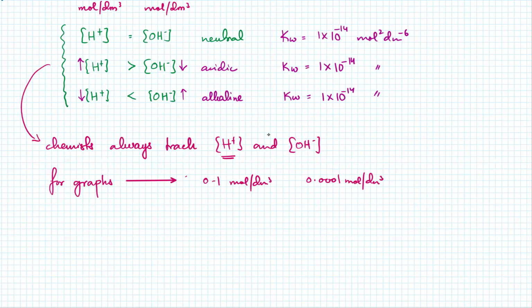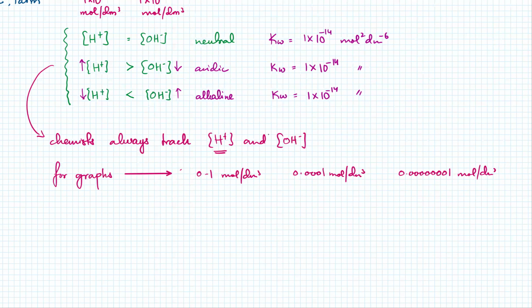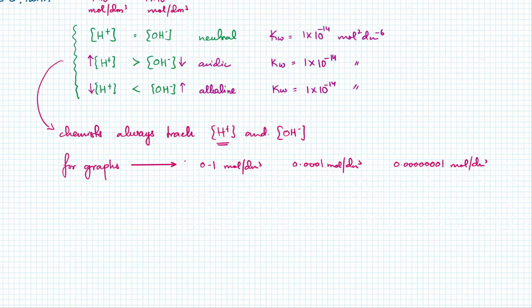Or if you add too much alkali to the soil, then the concentration of H ions would go down to a very low value, right? So you're trying to make a graph out of these values. The first thing is it would be very hard to figure out a range if you want to plot these values. Remember, graphs are very difficult to draw if the values are either too big or too small. Okay? Is that clear?